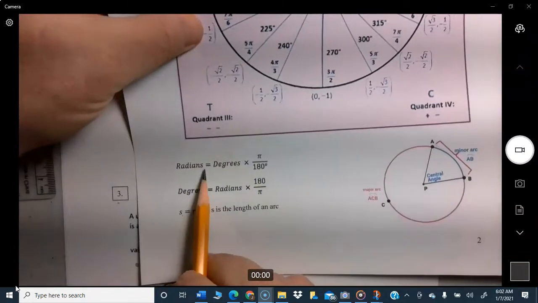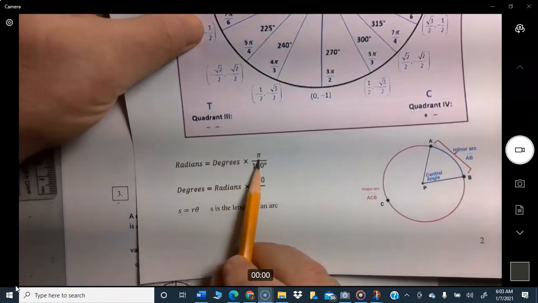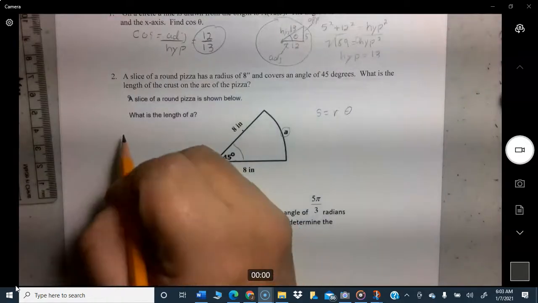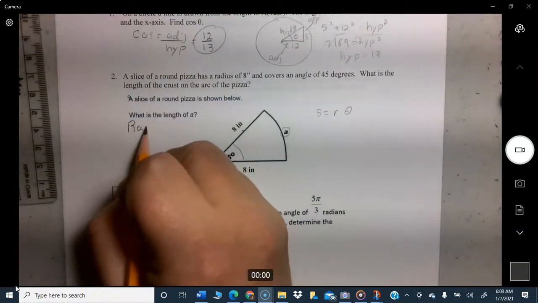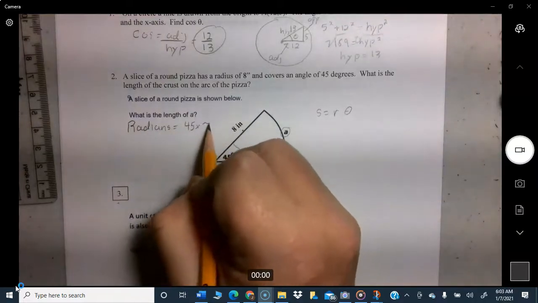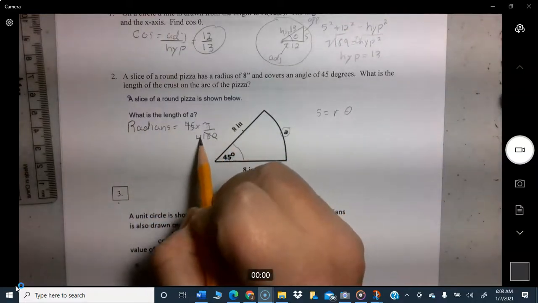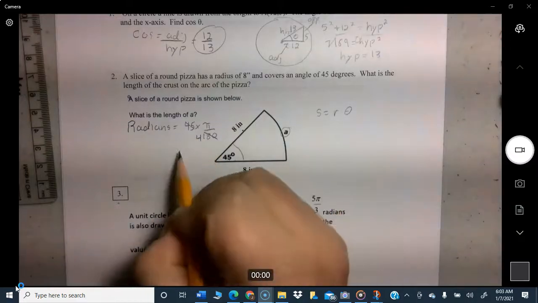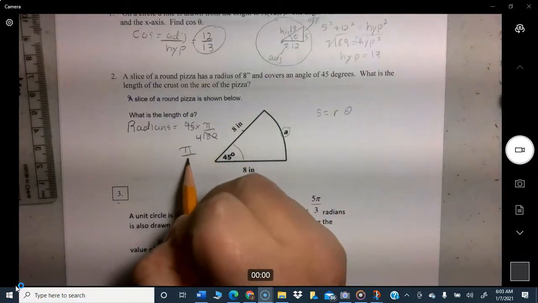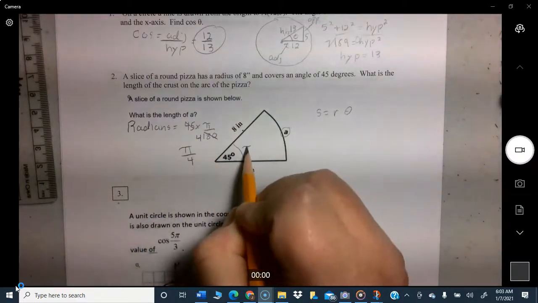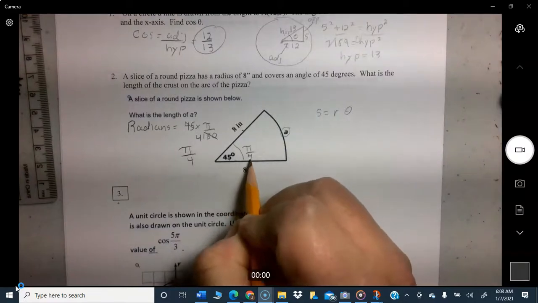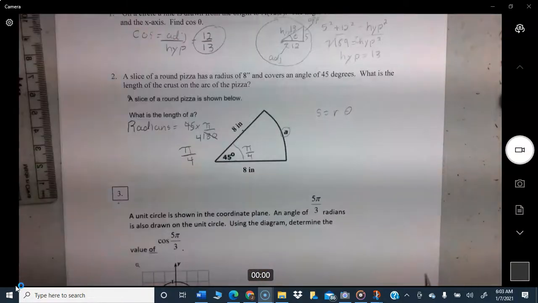The conversion to radians from degrees is degrees times pi over 180. So I'll do that over on this side. Okay, and if you cancel this, this becomes 1 and this becomes 4. 45 goes into 180 four times, so it's pi over 4. Again, you could have gotten that straight off your unit circle sheet.